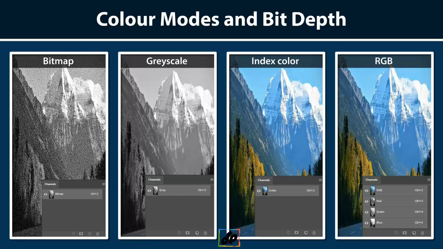Photoshop can also work with RGB and grayscale images that have 32 bits. 32-bit images are called High Dynamic Range or HDR images and contain even more colors than 16-bit. For photographers, 32-bit images are typically formed by joining multiple images together.